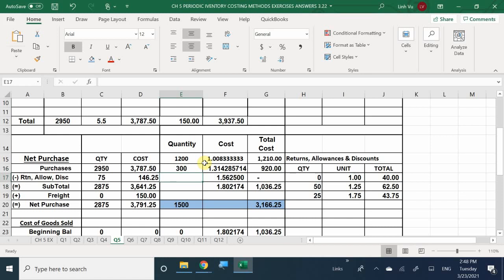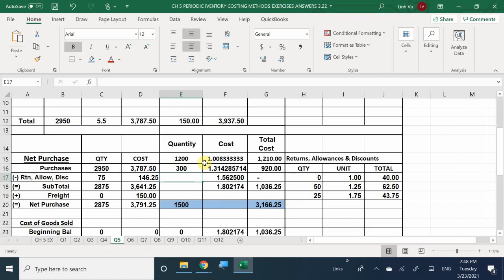That might still be reserved for the next time. So we're not going to take the bundle of the 1500 and take my 1607 and divide it by that to get my new cost per item. That's weighted average. In this case, I'm carrying over exactly how I see it. I'm carrying over my 1200 first batch because that's the first batch I bought, and then I'm going to carry my second batch over, which remains 300.